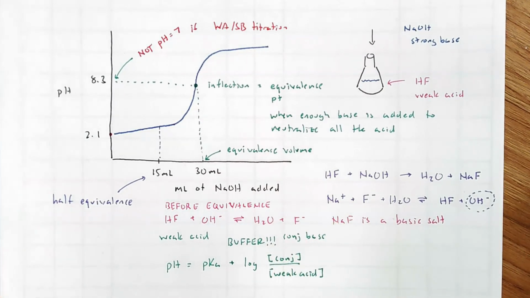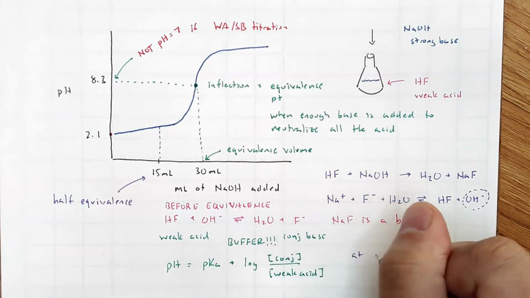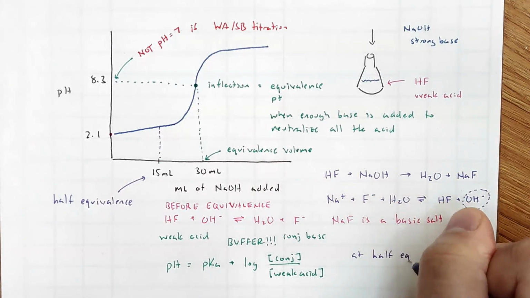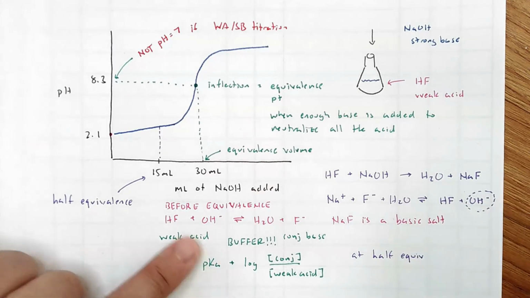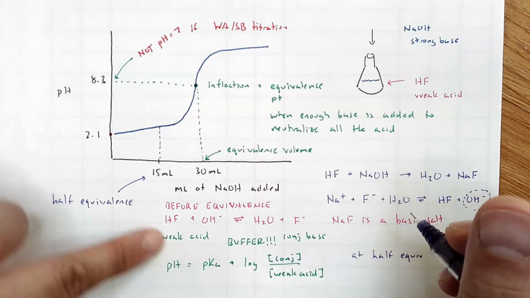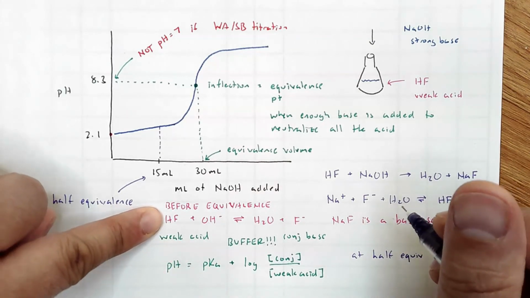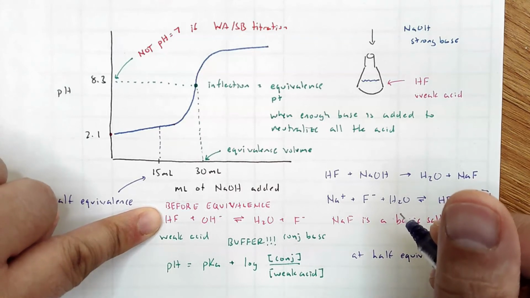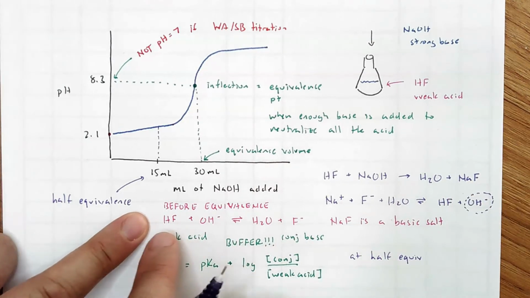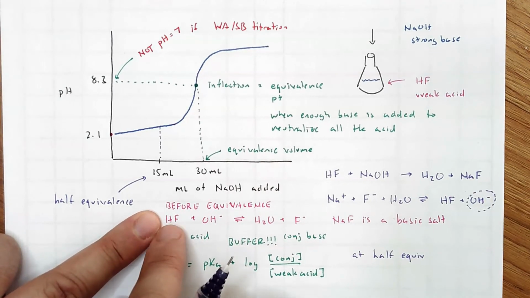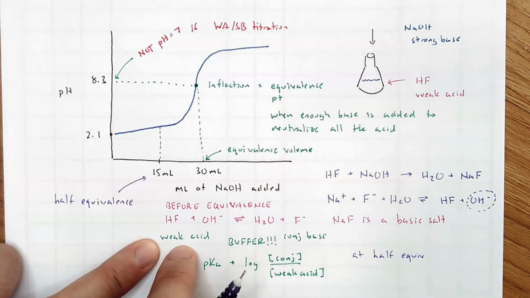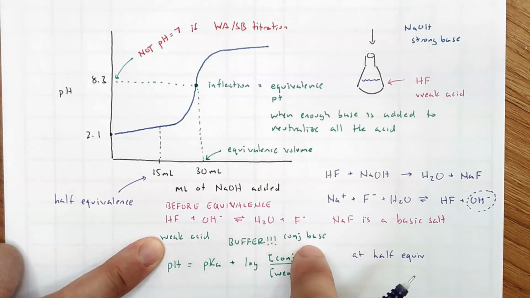Okay, so here's the beauty. At half equivalence, you literally deprotonated half of that HF. If you had, for instance, 100 molecules of HF and you deprotonate half of it, you would have 50 molecules of weak acid, 50 molecules of conjugate base.